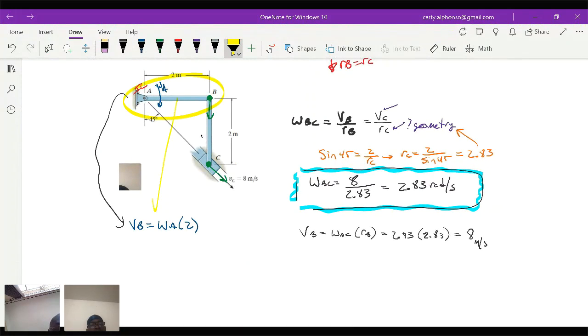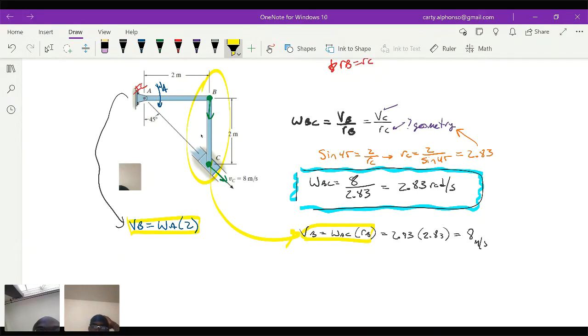For this bar, this equation is how it works: VB equals WA times 2. But for this bar, VB equals WBC times RB. So VB has 2 renditions. It has the rendition where it's working on the vertical bar, and it has the rendition when it works on the horizontal bar. Does that make some sense?